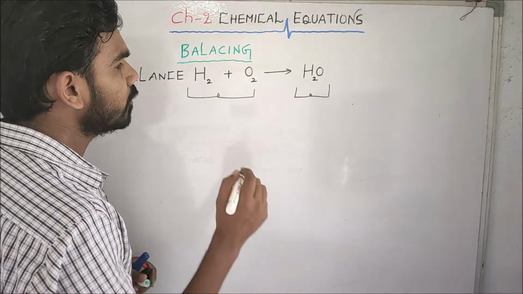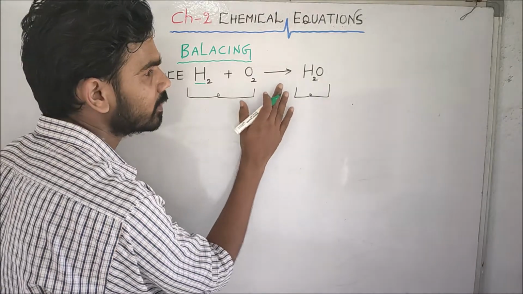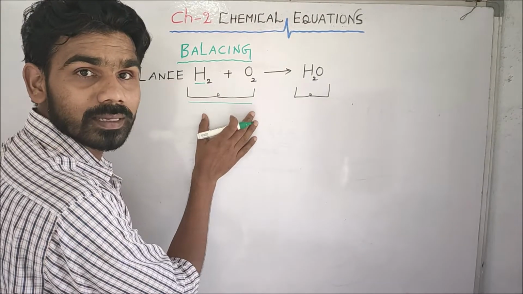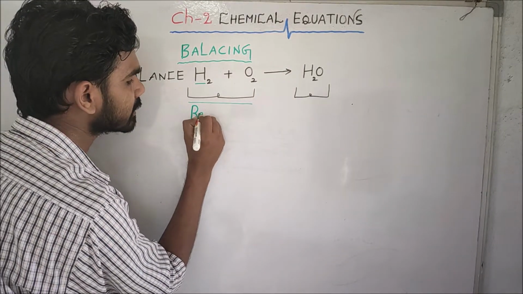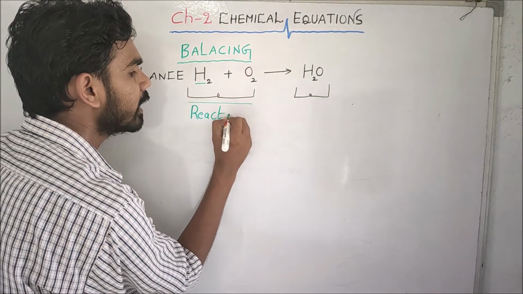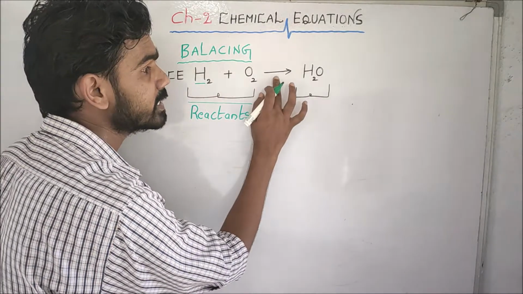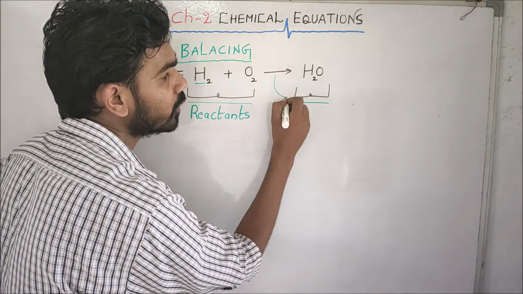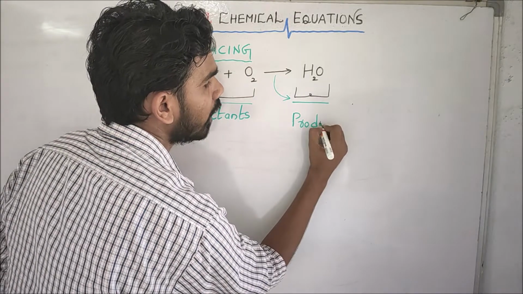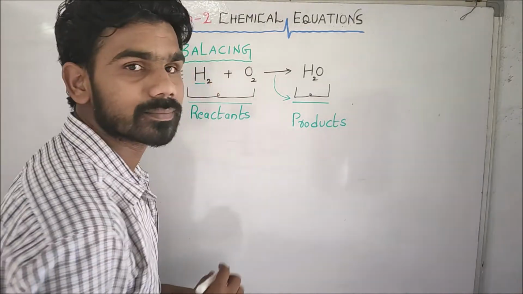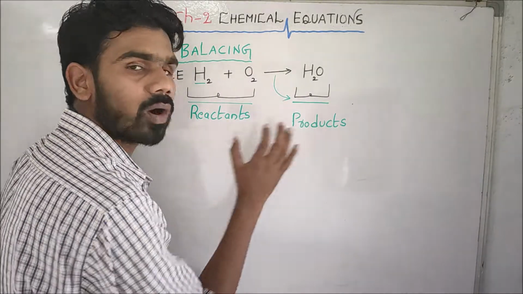For example, in a chemical reaction, the terms which are present on the left side of the arrow are called reactants, and the terms which are present on the right side of the arrow are called products. So in any chemical reaction, reactants will be there, products will be there.